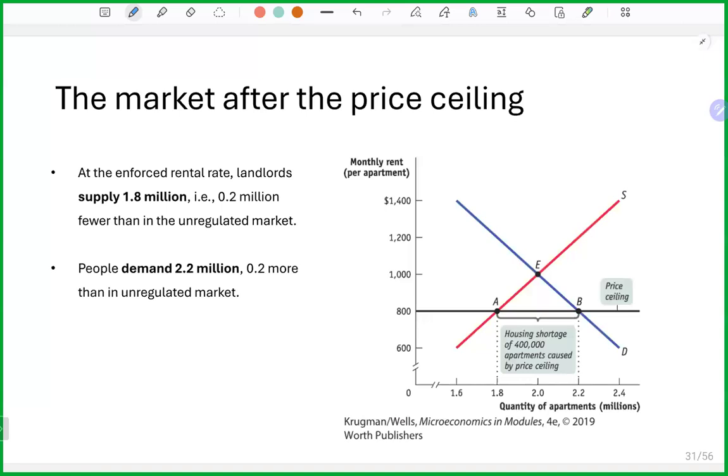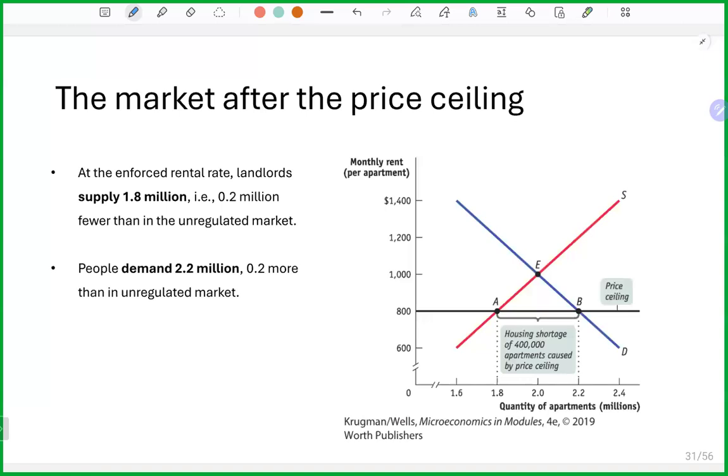On the contrary, some other people, your friend, whose willingness to pay is only $850. Under the market equilibrium without the control, would your friend get an apartment at the market price?